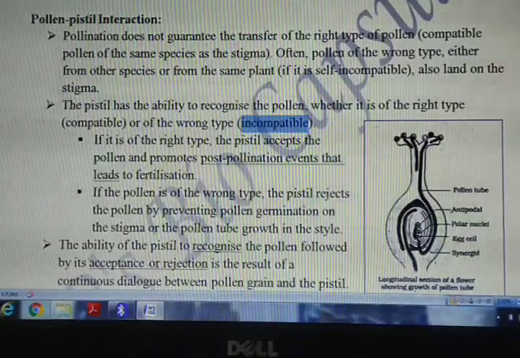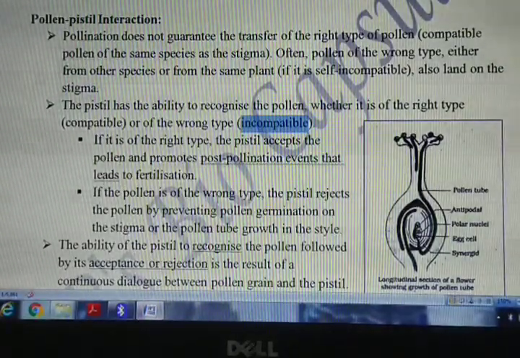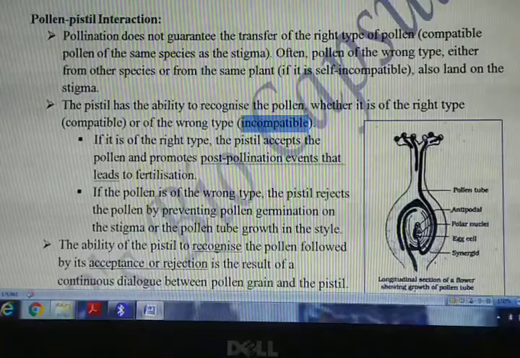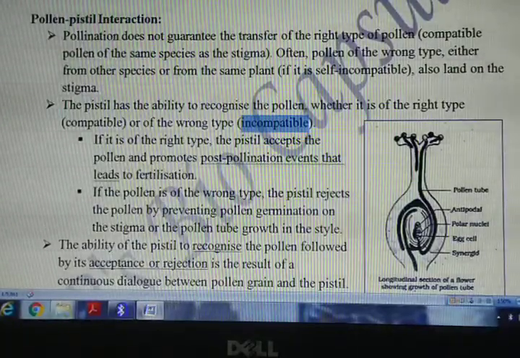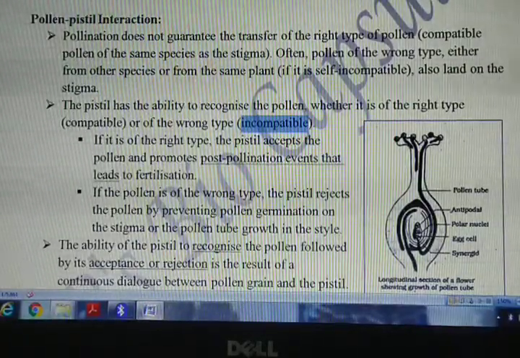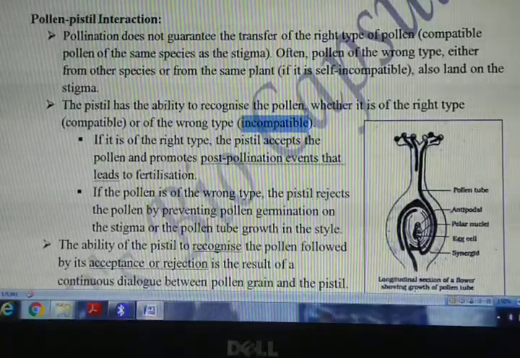Okay, recognition will be done by the stigma, and then later on it will be decided whether it is going to take part in fertilization or it is going to be rejected.